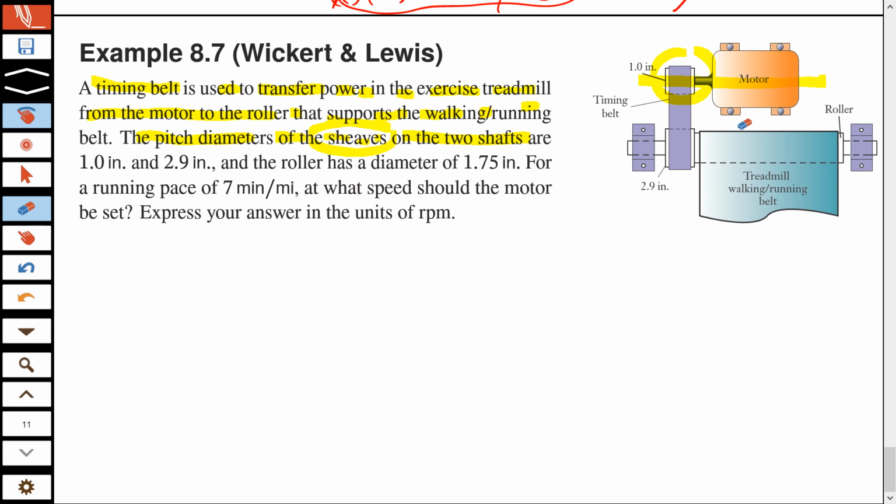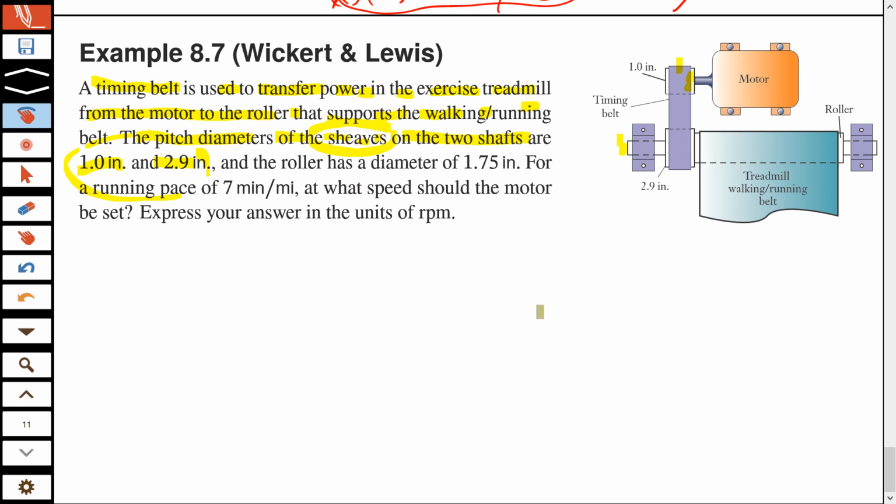So they have diameters of 1 inch and 2.9 inches, okay. So these two will now help us convert the angular velocities from one shaft to the other. Because they are separate shafts, so their angular velocities they don't need to match.